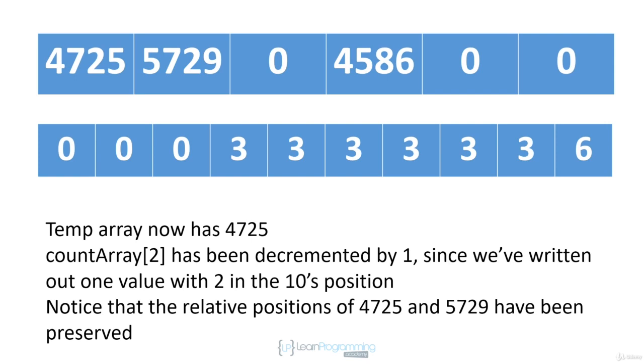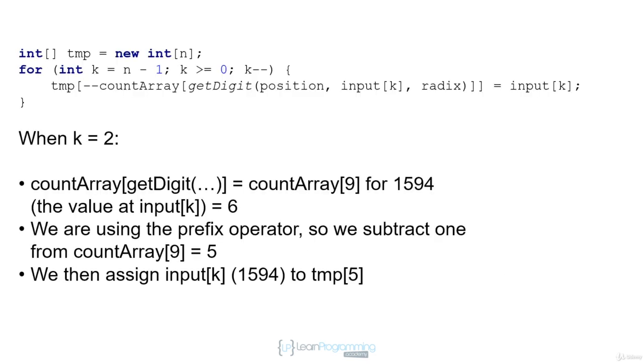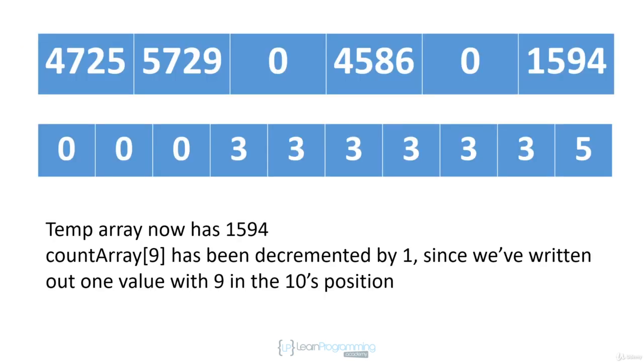And you'll notice now that count array 2 is 0 because we've now written out both values with 2 in the tens position. So now when k equals 2, we're going to be handling value 1594. It has a 9 in the tens position, so we're going to decrement count array 9. It'll become 5, and then we assign 1594 to temp 5.